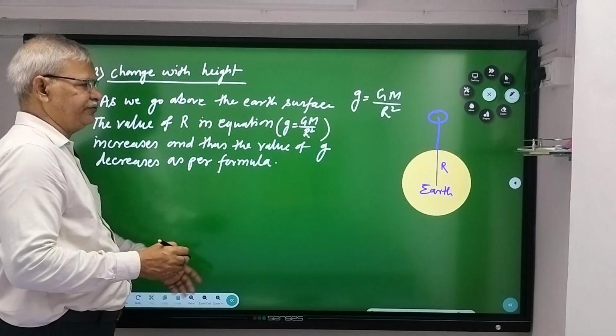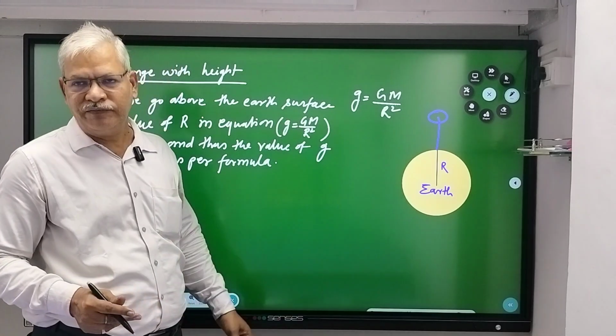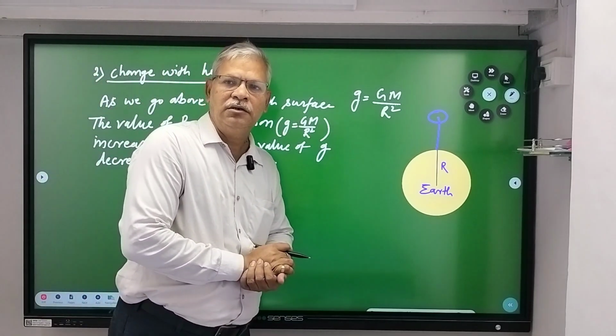Understood? As per formula, the value of R will increase, the value of G will decrease because they are inversely proportional.